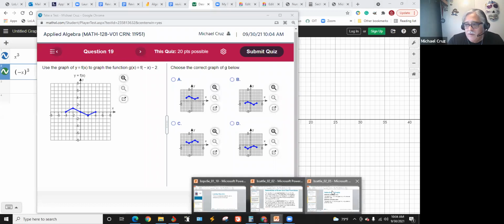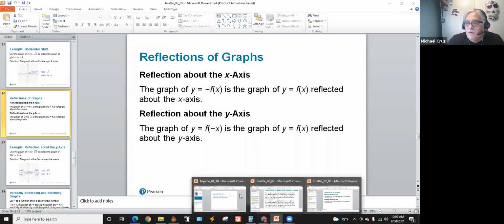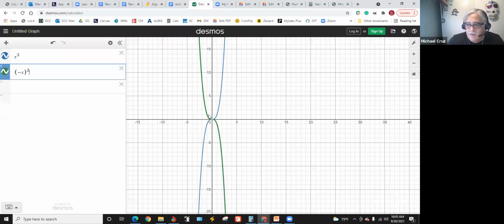So reflection about the y-axis. See, it's the y-axis because it's the same on either side of the y-axis. If you follow the colors, now if you're colorblind, you wouldn't be able to tell, but this is the original function here.